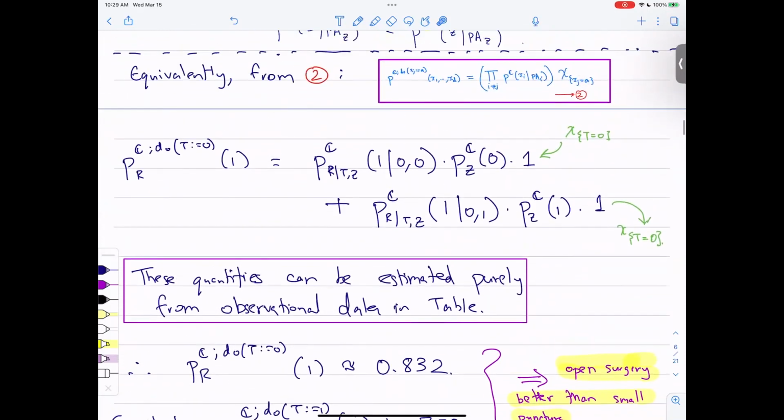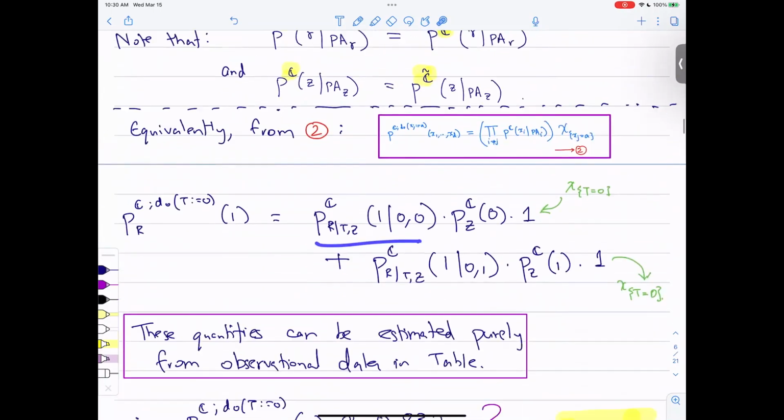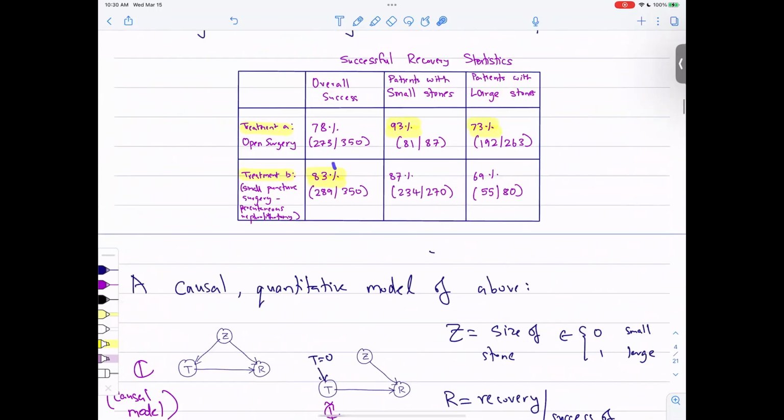And so in particular, how do I estimate this? I have observational data. If I have a finite number of samples, I will just condition on 0, 0, meaning just look at those samples which are 0, 0 and find the fraction of samples where this is 1. So this is just traditional conditioning. In the infinite sample setting, I know these quantities. From the table, which is a joint distribution on C, I can figure everything else out.